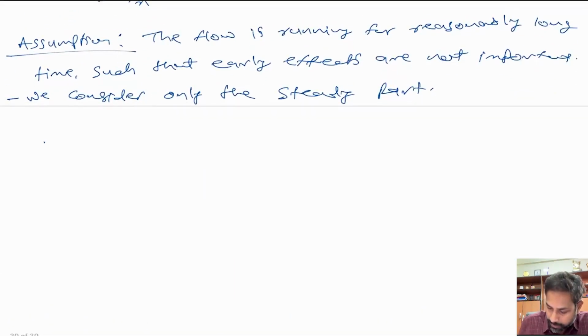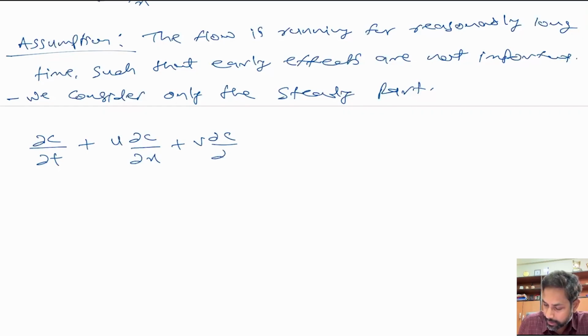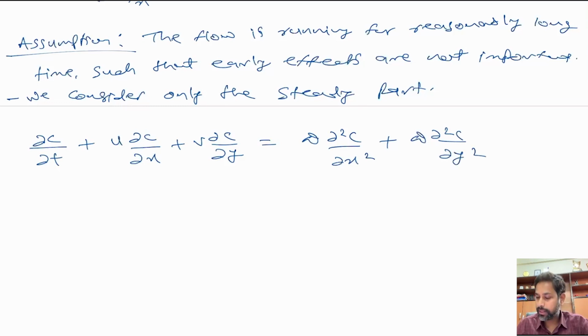And if you try to write this equation, dc by dt plus u dc by dx plus v dc by dy should be equal to D times d square c by dx square plus d square c by dy square, and we are assuming D to be, let's say, constant for simplification.